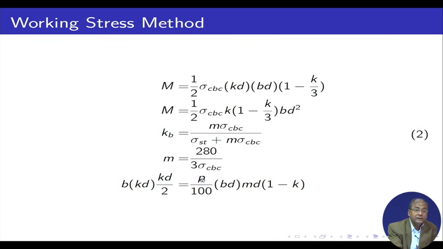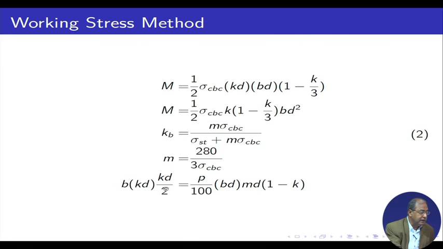P is the percentage of steel, of BD into m, because we have to convert it to an equivalent area, because this one is concrete. So, we have to convert it to the same area. So, m into d(1 minus k), that we can find out here.